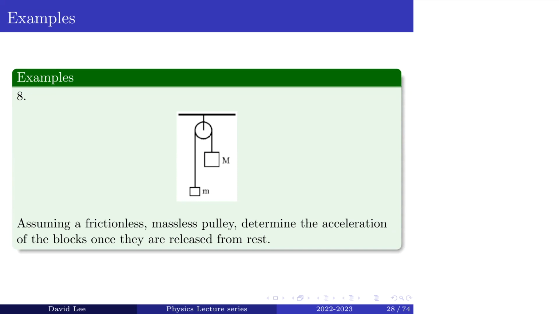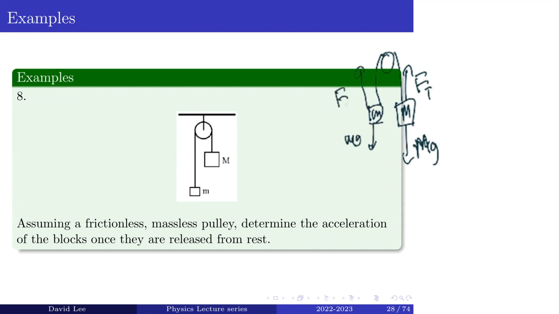To do this problem, first, we should draw a force diagram. So we have a pulley, a big mass M. The two forces here are gravity and tension from the string. And it's the same thing on the other side: there's going to be gravity and tension from the string.